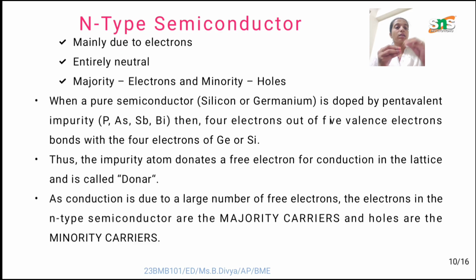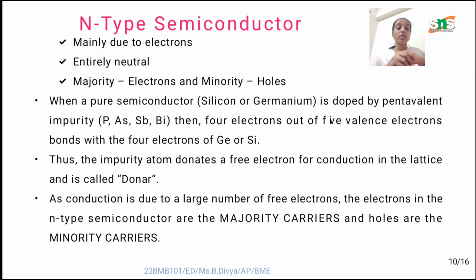The pentavalent impurity atoms have 5 valence electrons, and here it is 4. These combine together to form bonds with the 4 electrons of germanium or silicon.